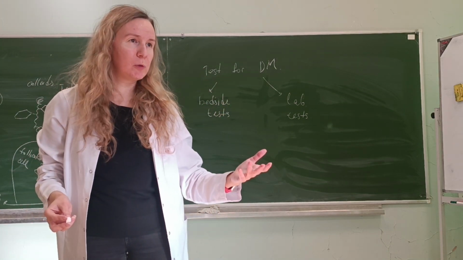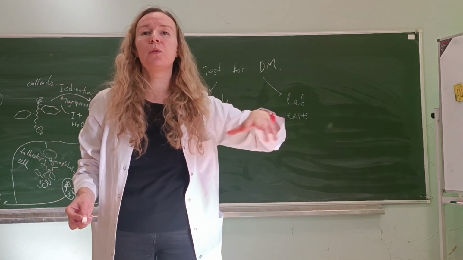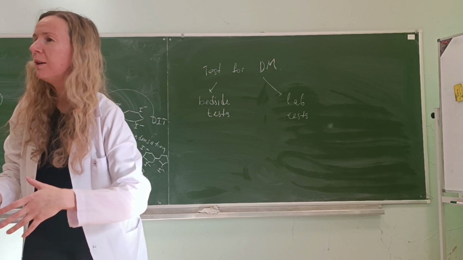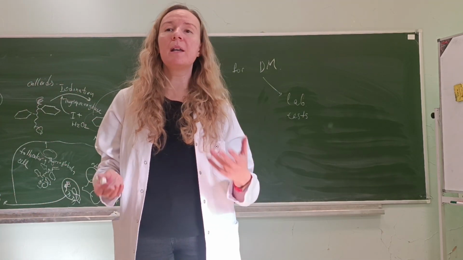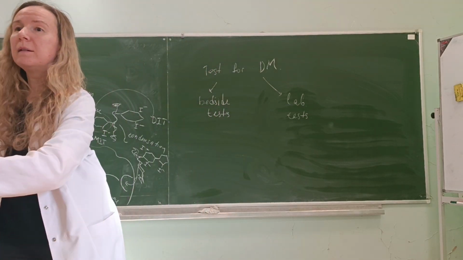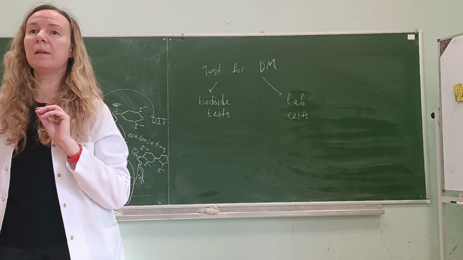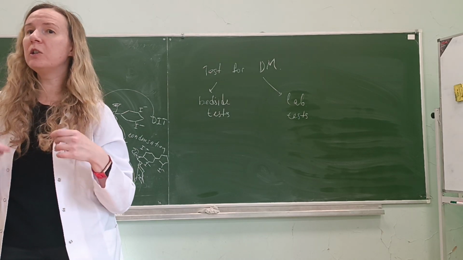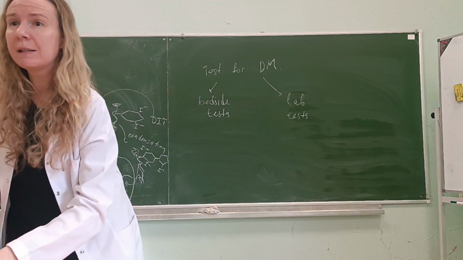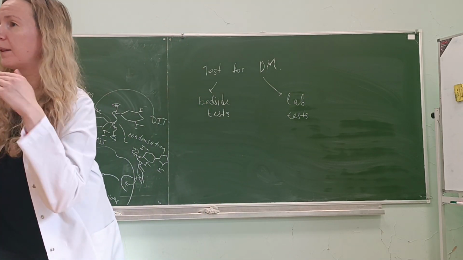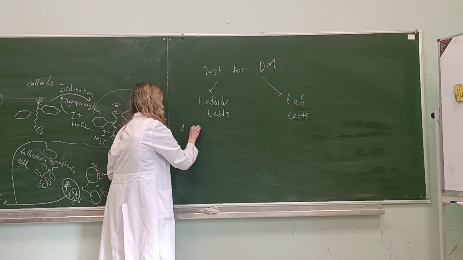You are not laboratory doctors. I am a laboratory doctor, I work in a laboratory in Children's Hospital. So you will not take a blood sample, do something with it and get a result. But sometimes in the department of endocrinology, we have some very cheap reagents and equipment to check some analysis right away. First of all, it will be glucose in blood.